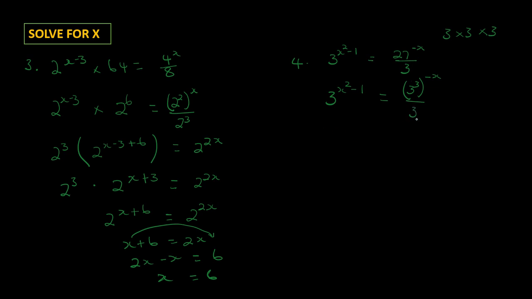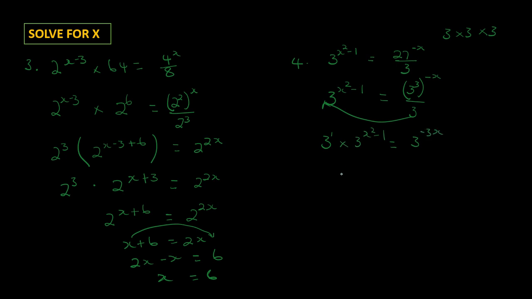Now when this 3 comes over to multiply the side, we have 3 to the exponent 1 multiplied by 3 to the exponent x squared minus 1 is equal to 3 to the exponent minus 3x.